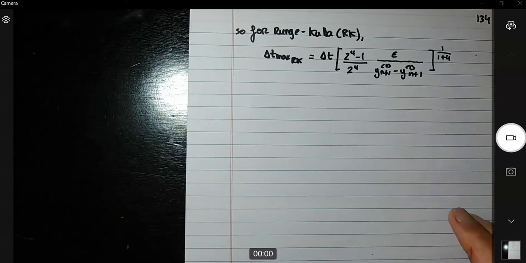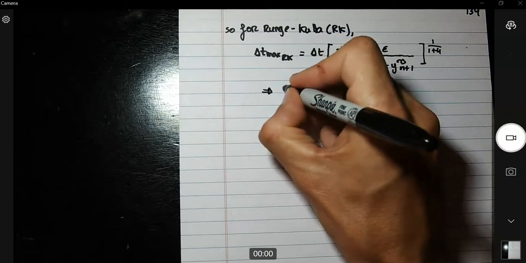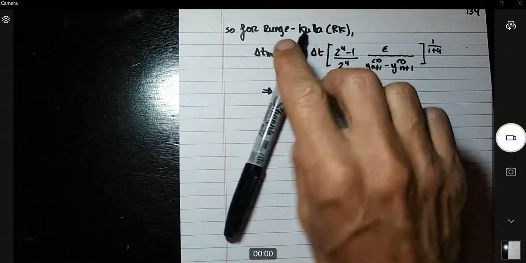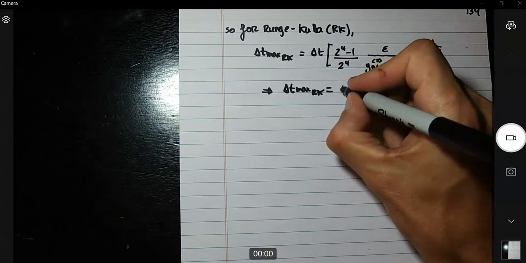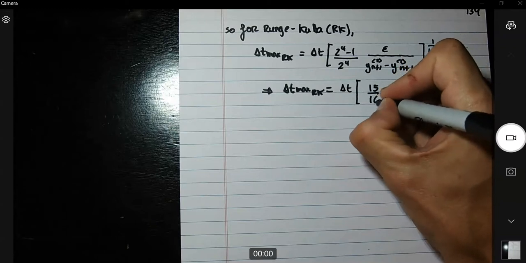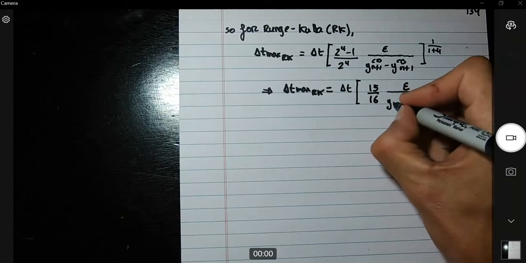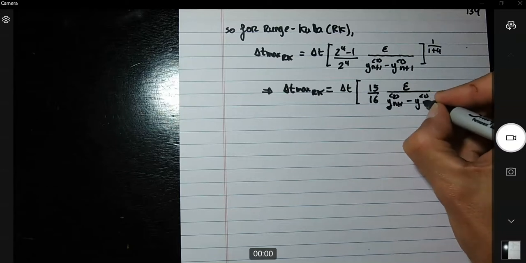Okay? So basically that means that the error at the end is equal to, so it's equal to what? Delta T of 15 over 16, the tolerance, y n plus 1 at 2 minus y n plus 1 at 1.